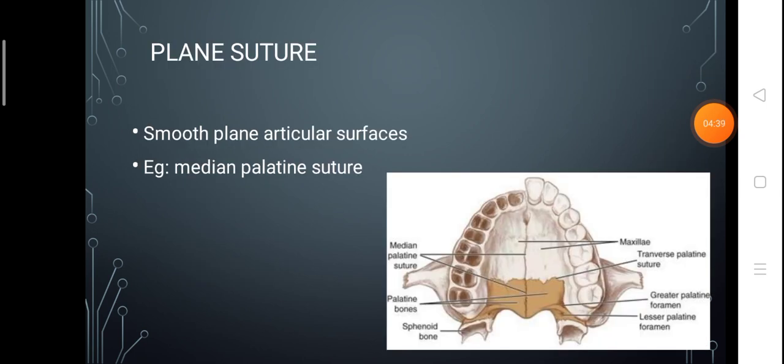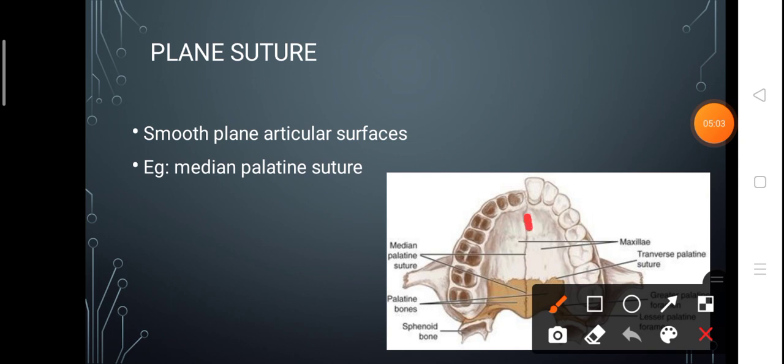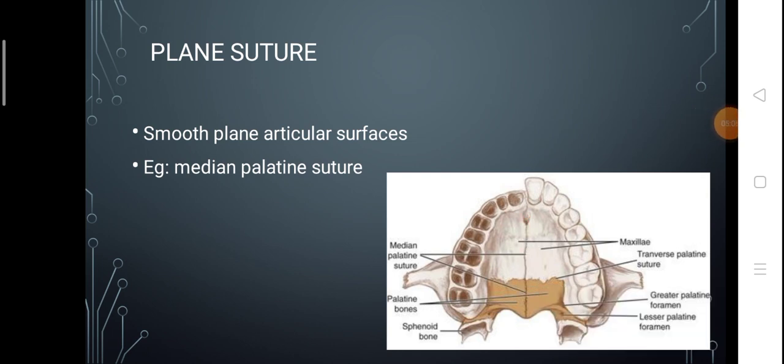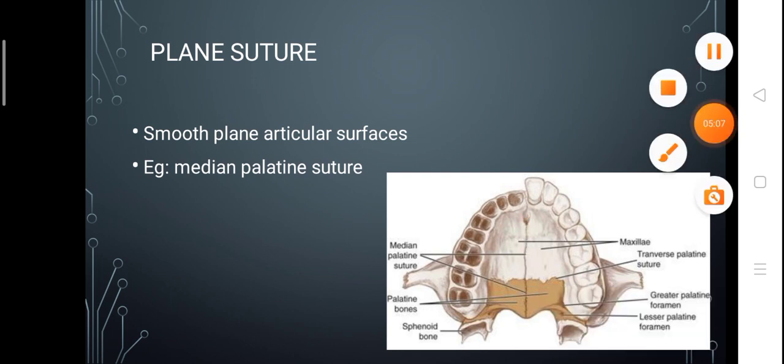Regarding the plain suture, here the meeting point is flat, that is, articular surfaces are plain and smooth. Here you have an example like the median palatine suture.